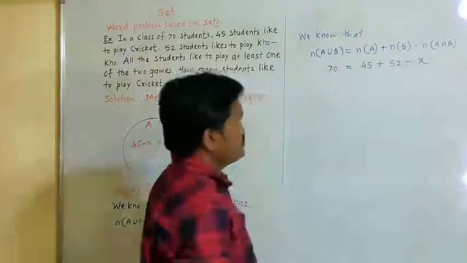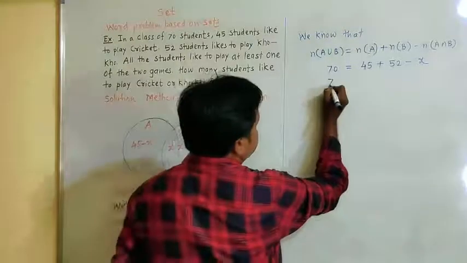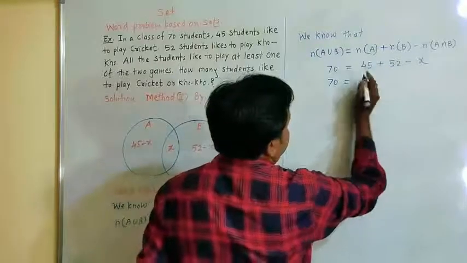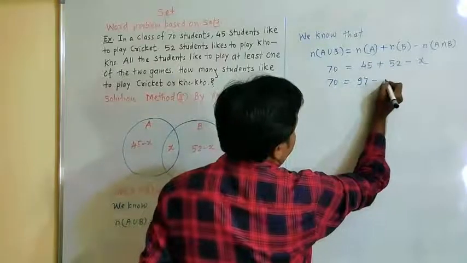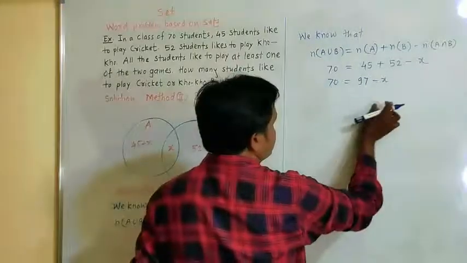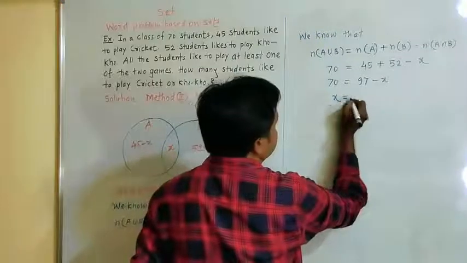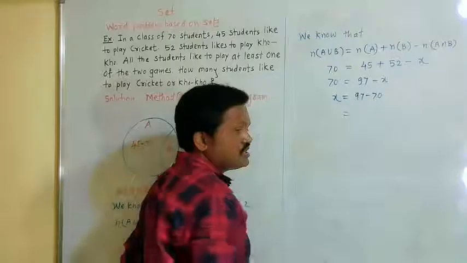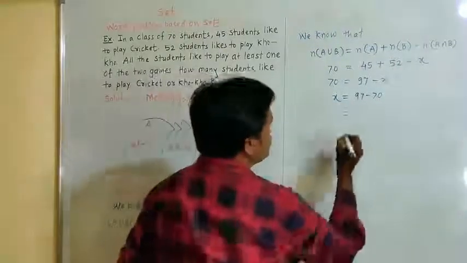Now solve this. So 70 is equal to the summation of both, that is 97 minus X. We want here the value of X. So take this minus X on that side, it becomes plus X. 97 minus 70, how many is it? 27.